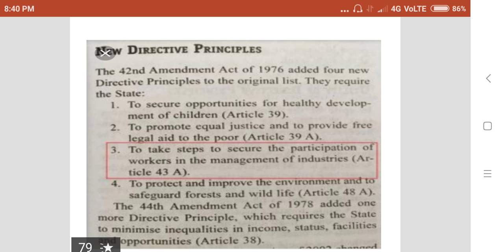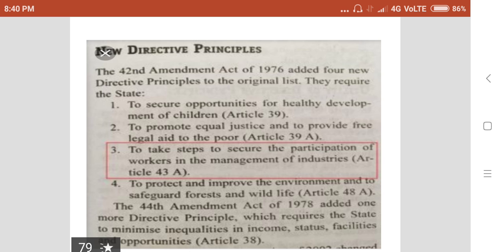They are: require the state to secure opportunities for healthy development of children, Article 39; to promote equal justice and to provide free legal aid to the poor, Article 39A; to take steps to secure the participation of workers in the management of industries, Article 43A; to protect and improve the environment and to safeguard forests and wildlife, Article 48A.